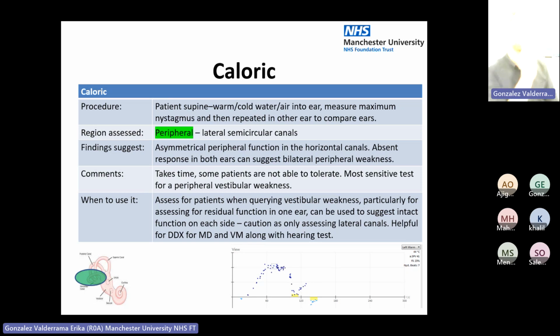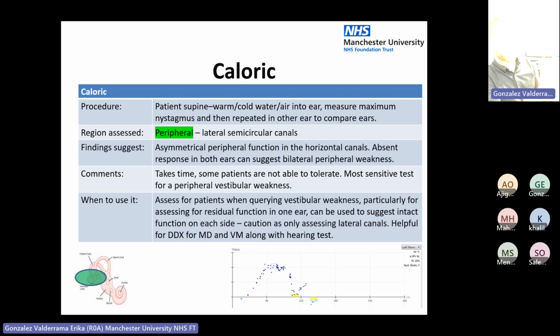If you have a bilateral loss, for example, if you've got complete bilateral hypofunction, the calorics will produce nothing at all. You'll warm up the patient's ear and you'll get nothing. You can cool it down, you'll get nothing. And often in complete bilateral hypofunction, you could even do it with ice and you get nothing. So ice we use to test whether there's any function at all, because that's an extremely cold response.